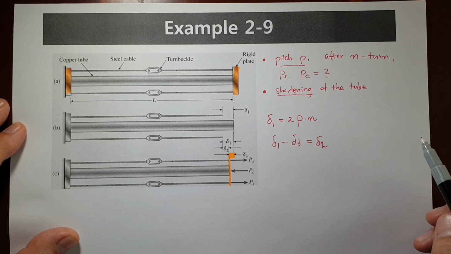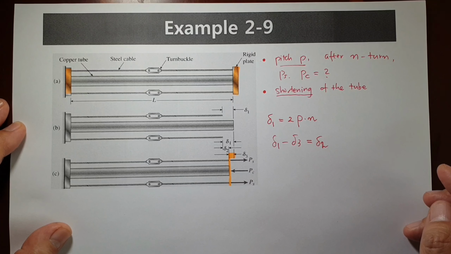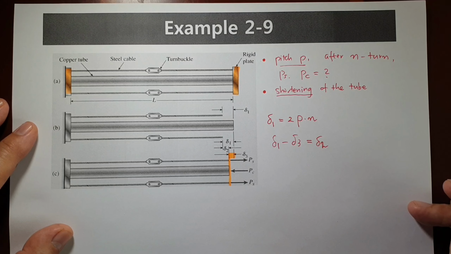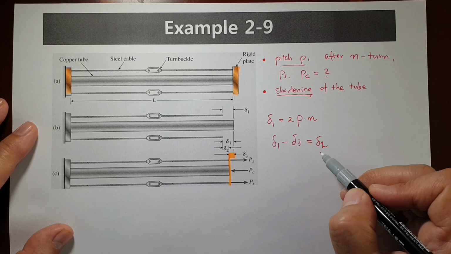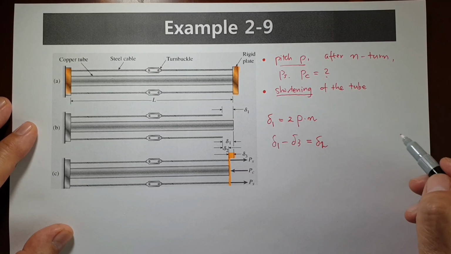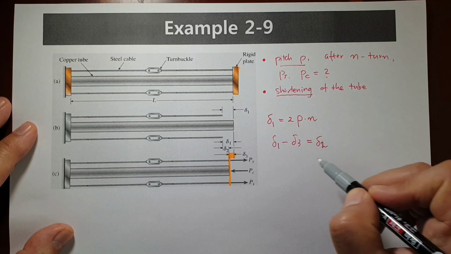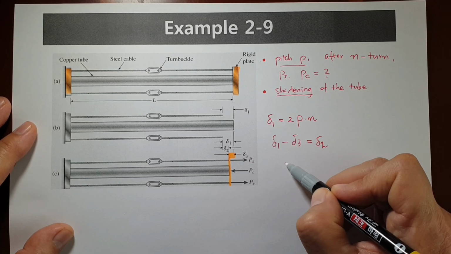Here, delta 1 and delta 2 are the actual changes of length for each step. And now let's think about the stress related to delta 2.